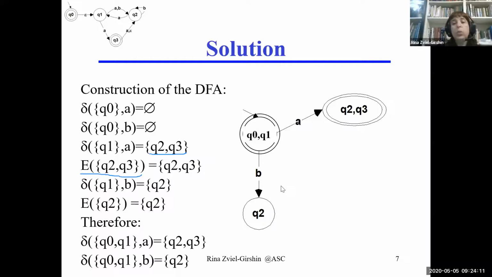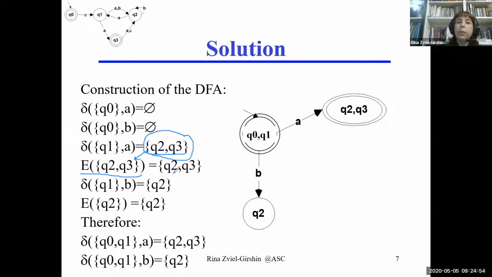Why did I do epsilon closure on Q2, Q3? Because according to the algorithm and the definitions that we used, we used the letter A, but after we moved one step with the letter A, we can have additional transitions with epsilon. So after I compute where I move on input letter A, I have to continue and do epsilon closure on this resulting state.